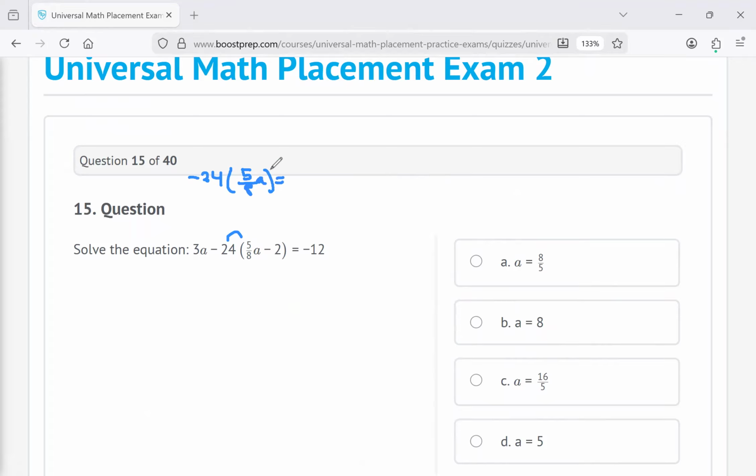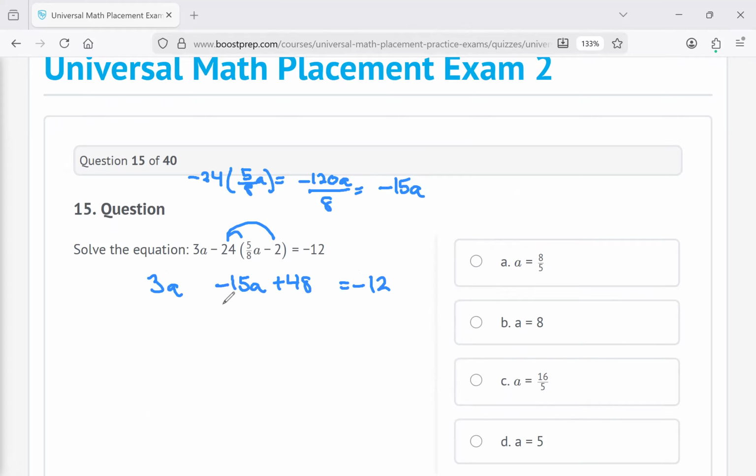That is -120A over 8, so that's going to be -15A. And then what's -24 times 2? +48. As you can see, it got rid of the fraction immediately, and then we go down to this 3A equals -12.